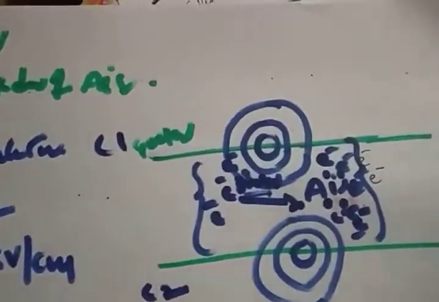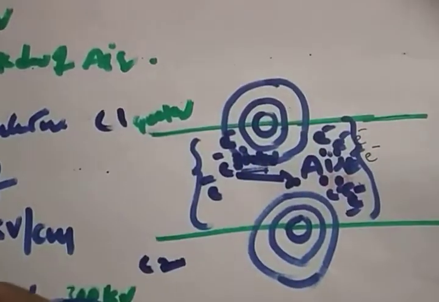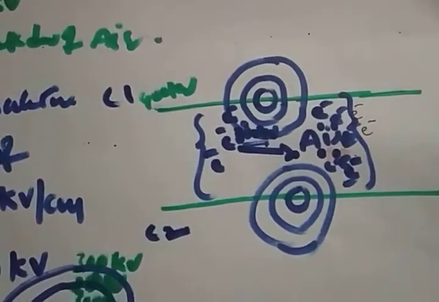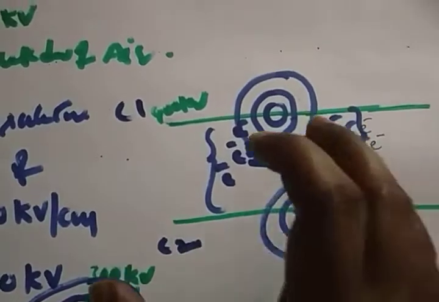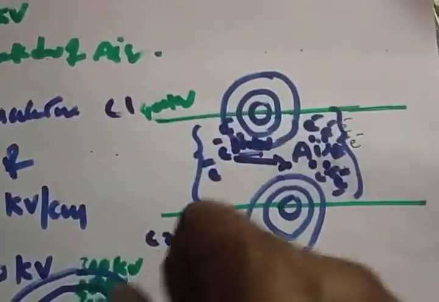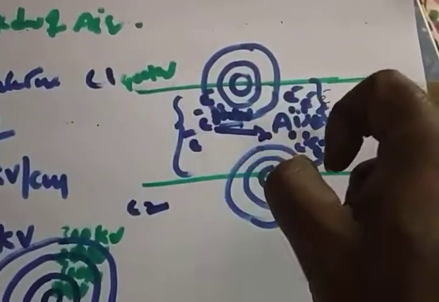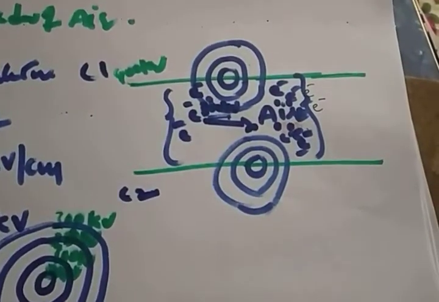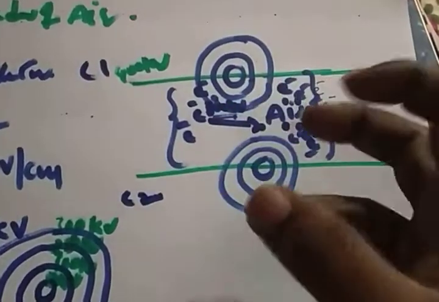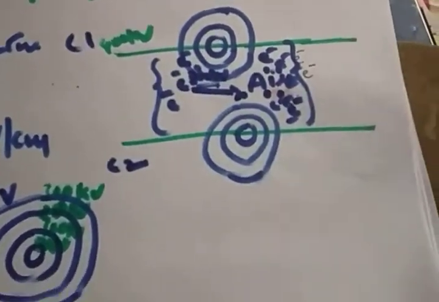How the corona forms: in a high voltage transmission system, there will be a potential gradient. If it is a low voltage, whatever the voltage near the surface is very low, it is not sufficient to break down the air surrounding it, right?